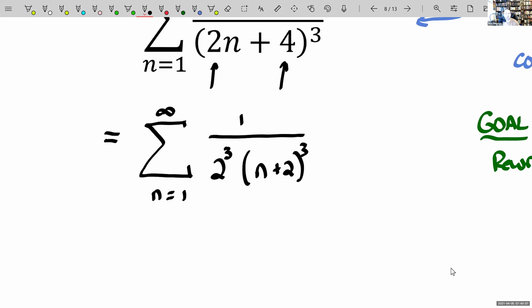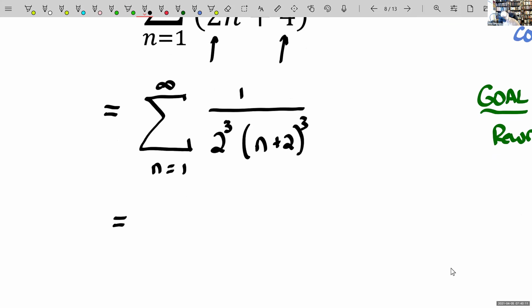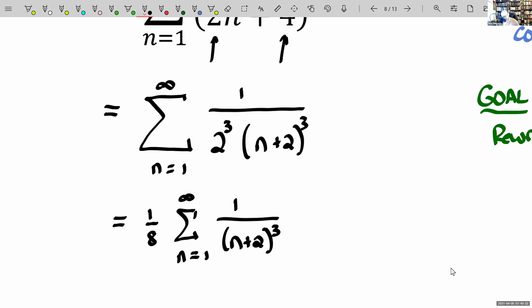I just factored out 2, and because it's being cubed, it becomes a 2 cubed. So this is the same thing as 1/8 summation n equals 1 to infinity of 1 over the quantity n plus 2 cubed. Now that's very, very close to 1 over n cubed, but it's still not 1 over n cubed.